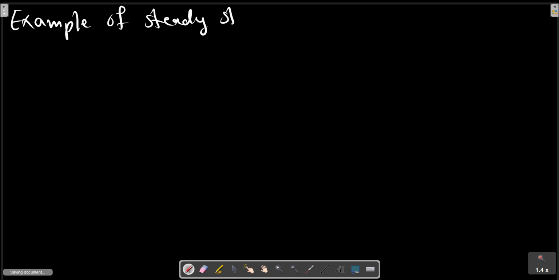Example of steady state processes. Throttle.